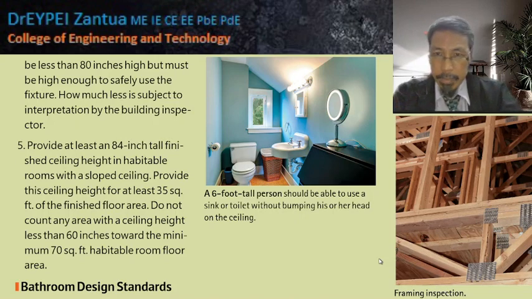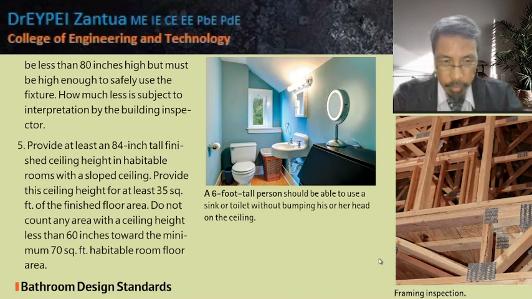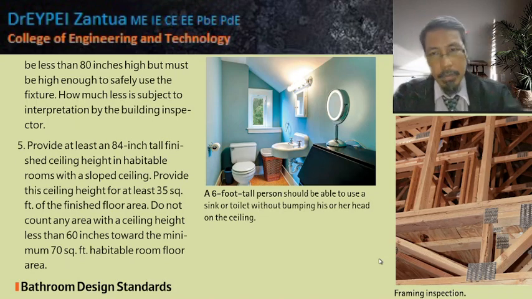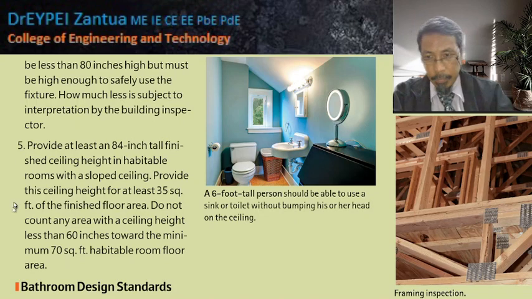How much less is subject to interpretation by the building inspector. So, the building official in charge of plumbing system or in charge of sanitary, they are the ones who have this provision. Okay? I know this for a fact. I encountered this. Okay? So, I personally know this requirement.